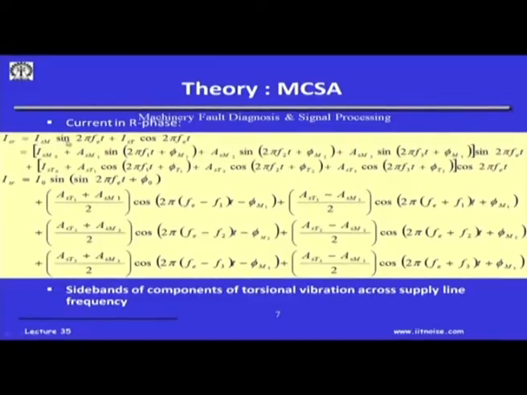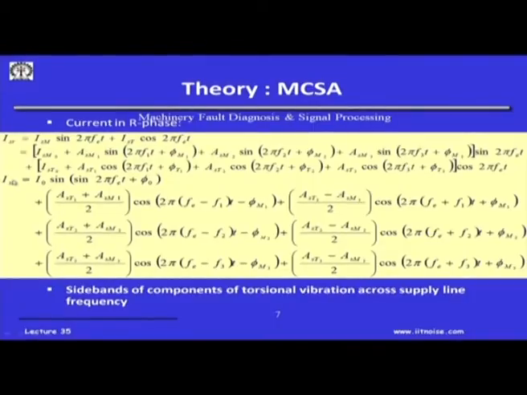If I just add them up, the magnetic current and the torque producing current, together like this, I will come up with an expression wherein I will get cosine (fe - f1), (fe + f1), (fe - f2), (fe + f2), (fe - f3), (fe + f3), where fe is the supply frequency and f1, f2, f3 are the defect frequencies. So, you see the current which is in the R phase, there are R, Y, B 3 phases.